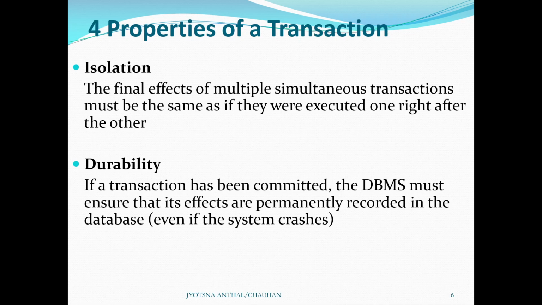Then durability: whatever operation is performed through a transaction, the actions are recorded for the longest time, till the time we go and make changes. So when we ask what the properties of a transaction are, we call them ACID properties. A for atomic, C for consistent, I for isolation, and D for durability.